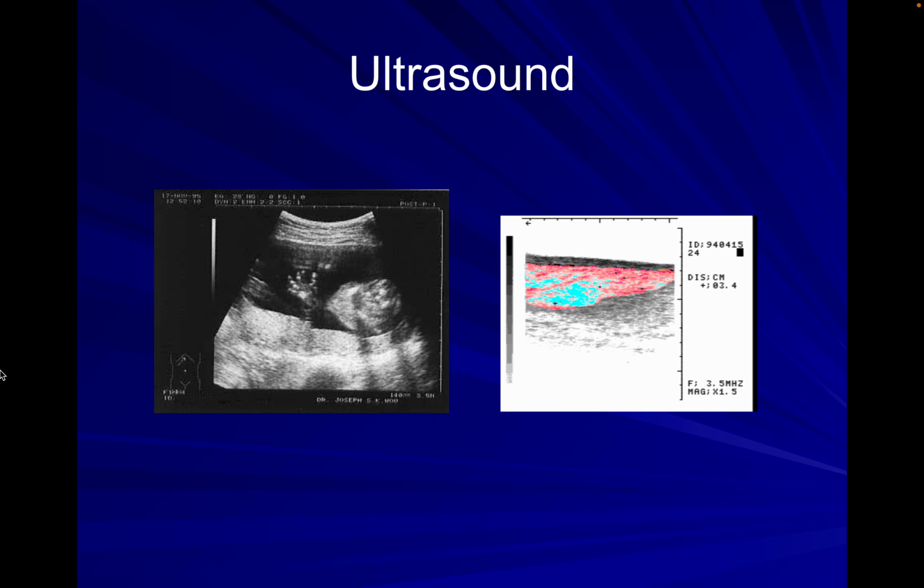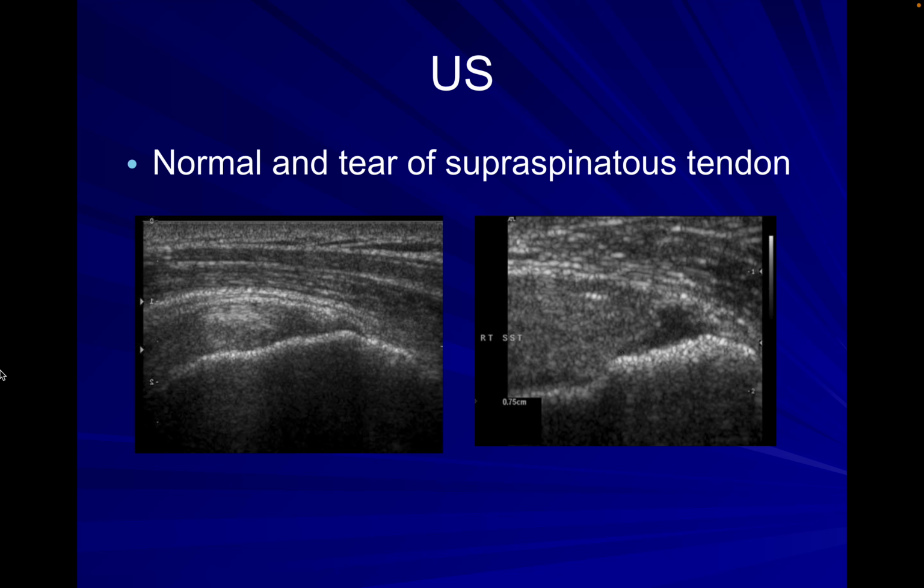Here is an example of an ultrasound image, and you can see a fetus in a uterus there on the left. Here is a supraspinatus tendon on the left.